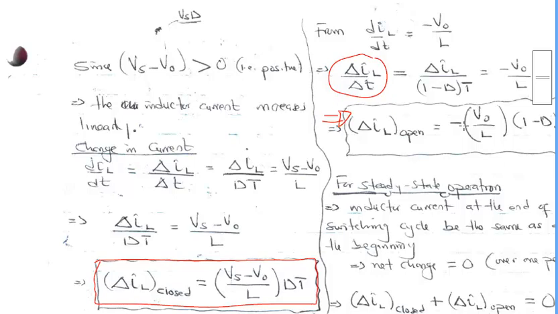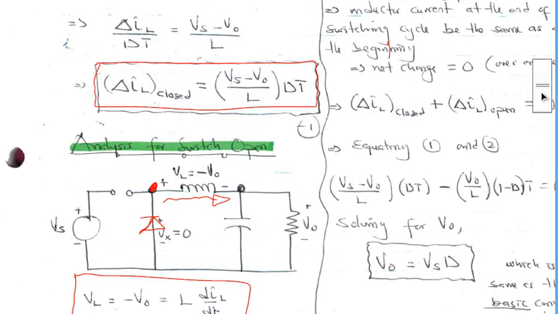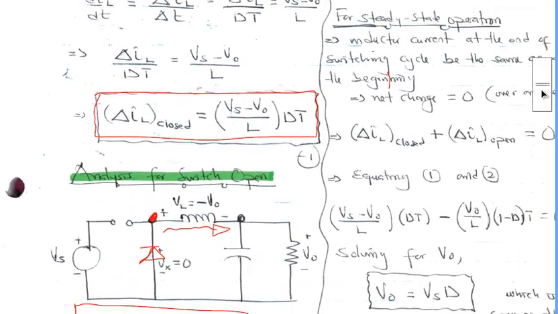You are going to see that it's negative. This change in magnitude should be the same as the change in inductor current when the switch was closed. For steady state operation, which is the assumption we made before, the net change should be 0. That means the change in inductor current when the switch is closed plus the change when the switch is open should be 0, maintaining the sign.